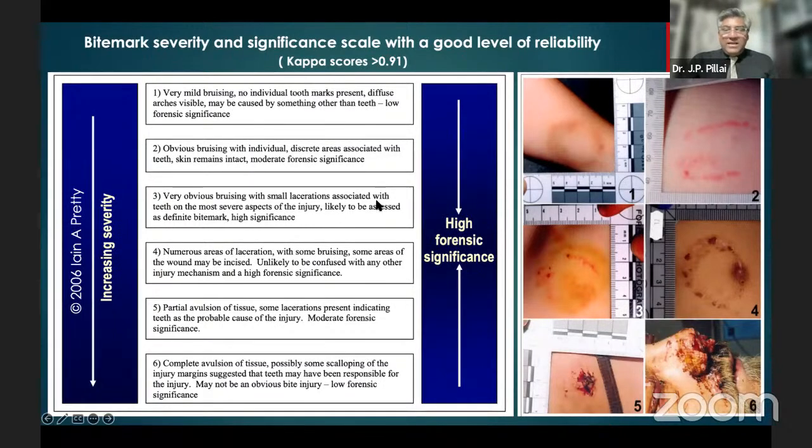The forensic significance will be higher when there is some obvious bruising with small lacerations associated with the teeth, and the most severe aspect of the injury is likely to be assessed as a definite bite mark, which has high significance. So this is the index, in fact a severity scale, I can refer to, and I also have reference images side by side.